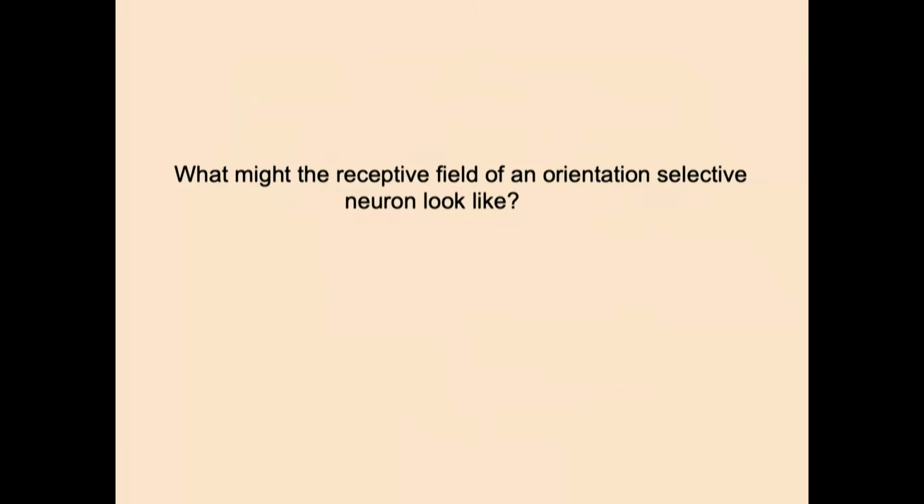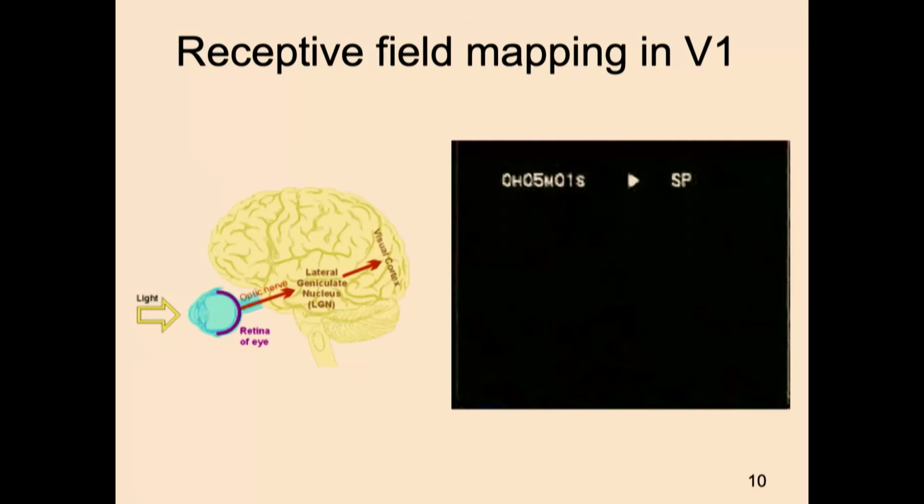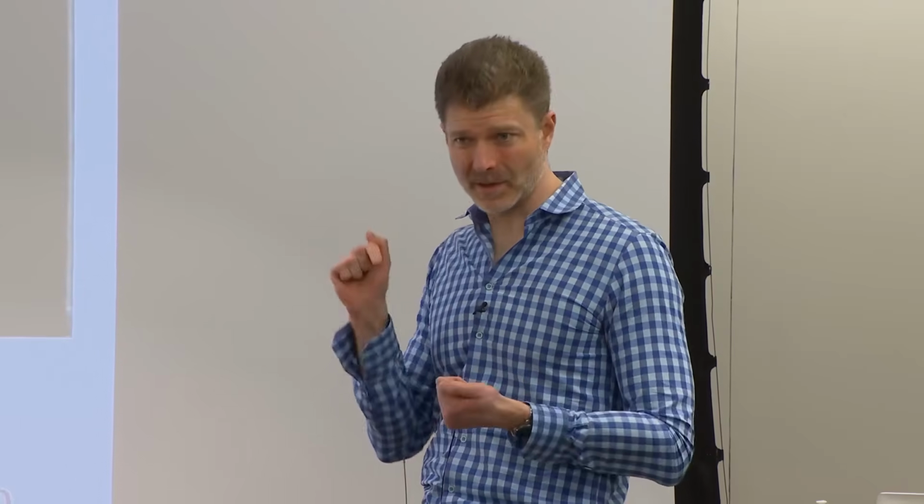So we'll talk a little bit about the basis of this. All right, so what might the receptive field of an orientation-selective neuron look like? Again, I have a video here of an experiment where the experimenters are recording from a neuron in primary visual cortex, flashing light up on a screen. The movie shows patterns of light that they flashed up on a screen, and you would be listening to the response of the neuron. Again, we don't have sound today, so I'm going to skip this and we'll do it next time.